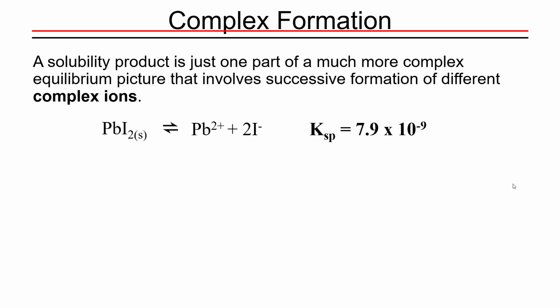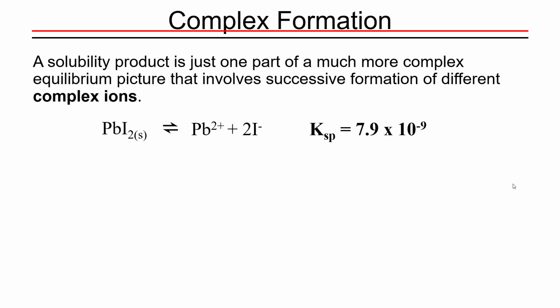So as our example when discussing the solubility of inorganic compounds in water, we're going to talk about the precipitation and dissolution of lead-2 iodide. I attached a video of the precipitation of lead-2 iodide to the front piece for today's lecture.